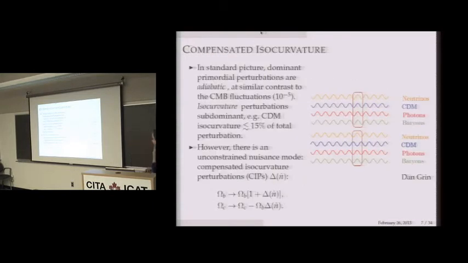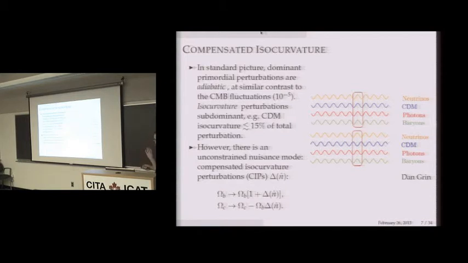Okay, so here's a neat model that you can consider. In the standard picture, the dominant perturbations that seed the CMB anisotropies are adiabatic. So what happens is all of the components of the universe fluctuate at the same time, up or down. And the local curvature of space-time fluctuates in the opposite direction.